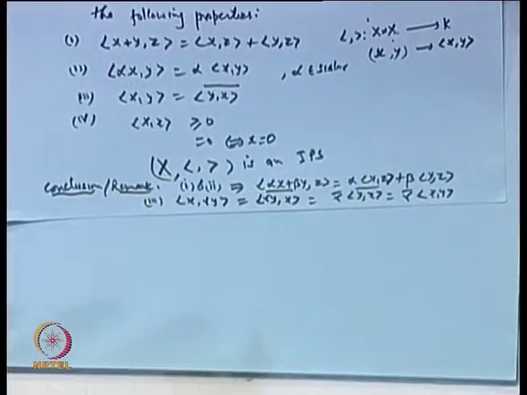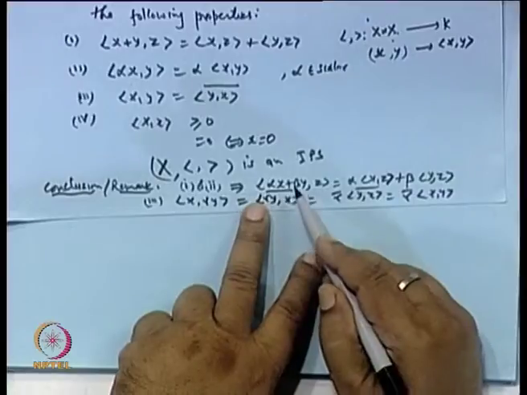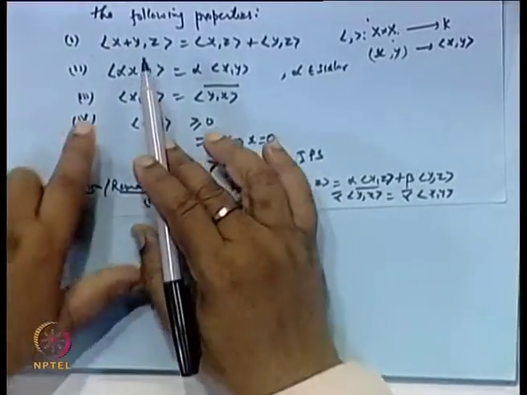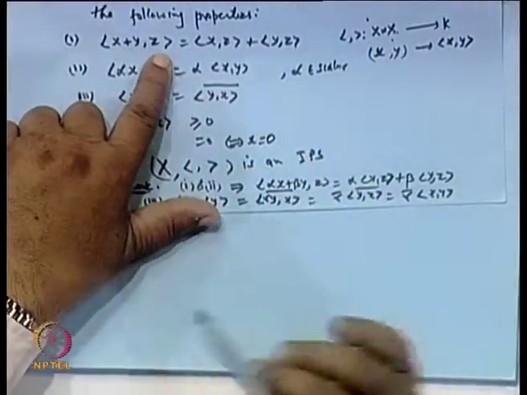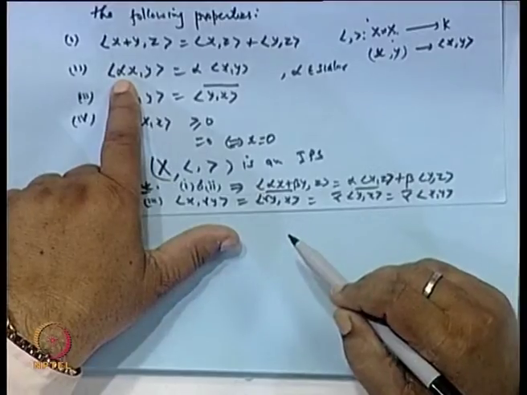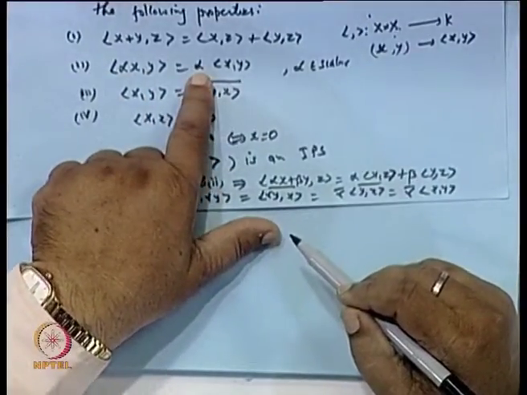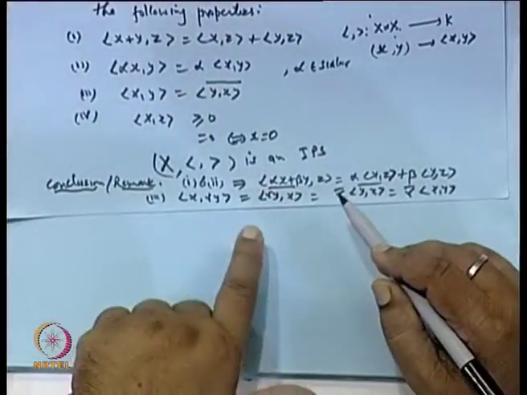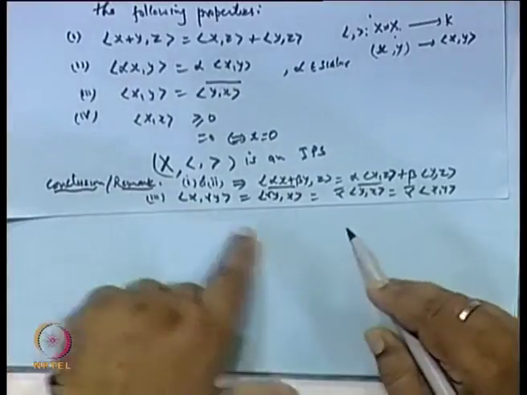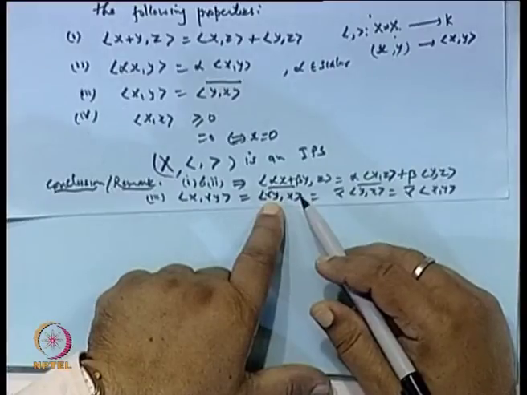Clear? It means that if I take a linear combination in the first coordinate, because this inner product has two coordinates, one and second, then in the first coordinate, if I take a scalar alpha times x and take this scalar outside, there is no change. But as soon as this scalar is in the second coordinate, the value changes, it becomes the conjugate of the original one.